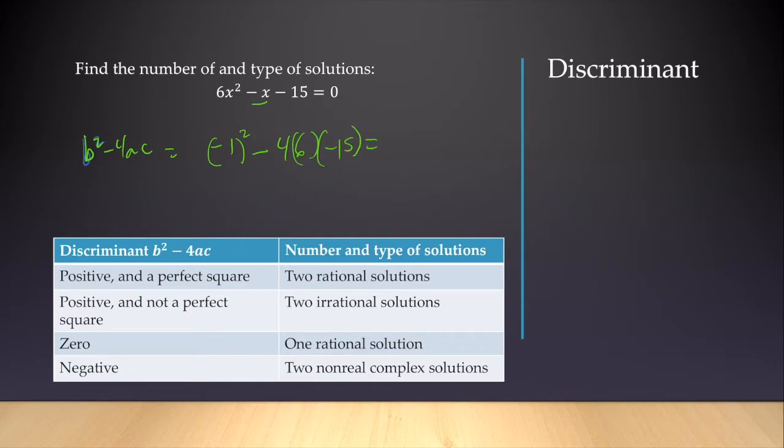So I get a positive 1. 4 times 6 is 24. So negative 24 times negative 15 is positive. So I get a positive 360. So I have 361. Well, that is not a perfect square. It's positive and not a perfect square, so I'm going to have two irrational solutions.